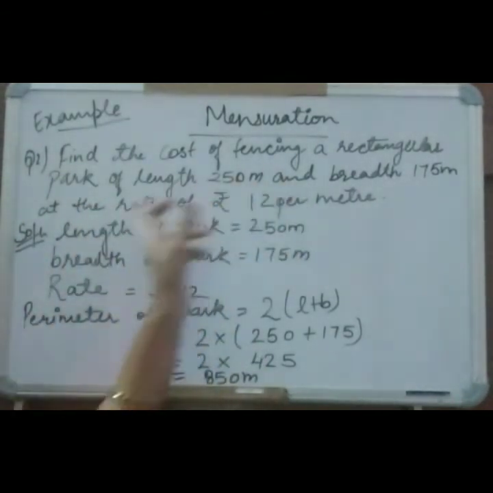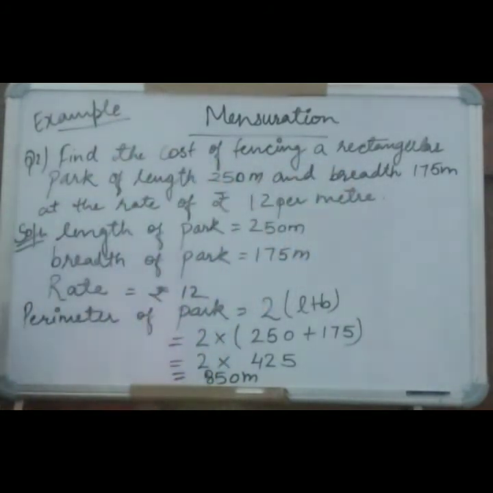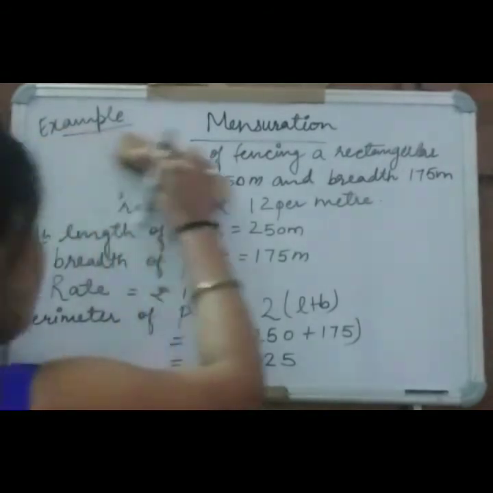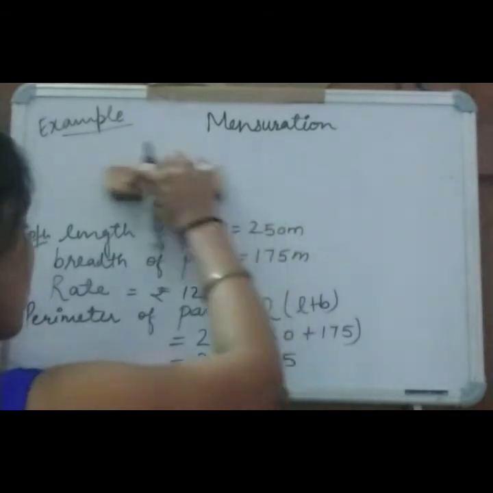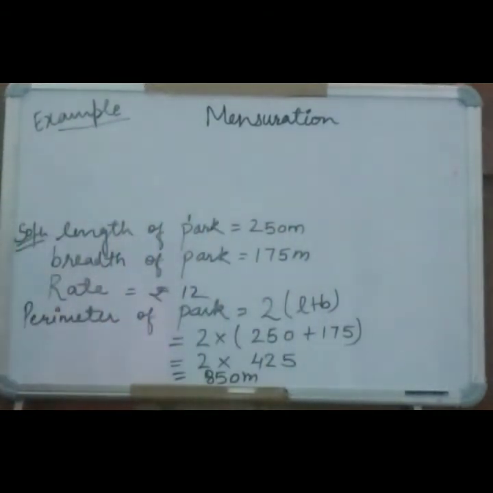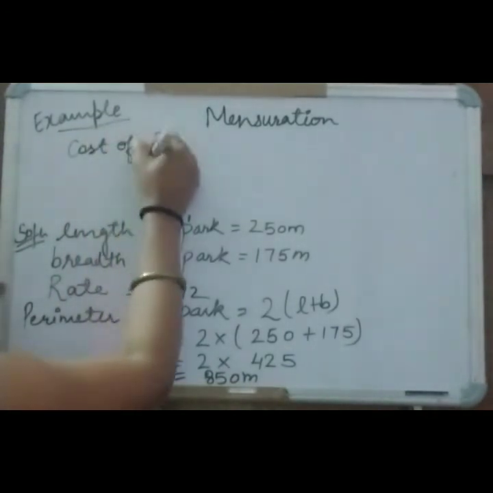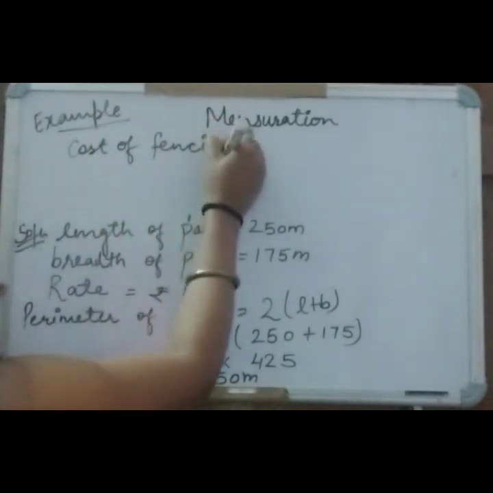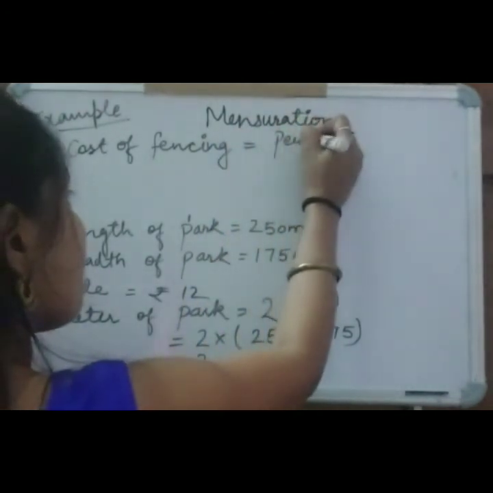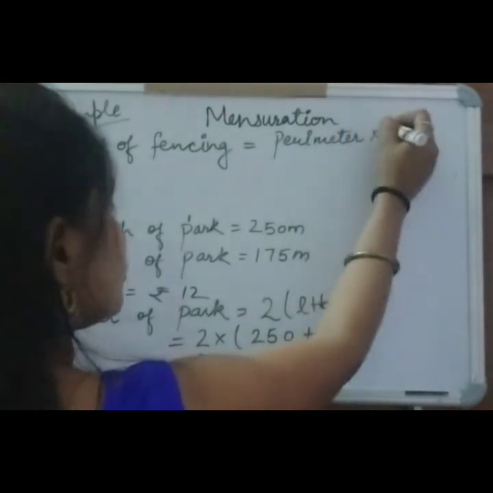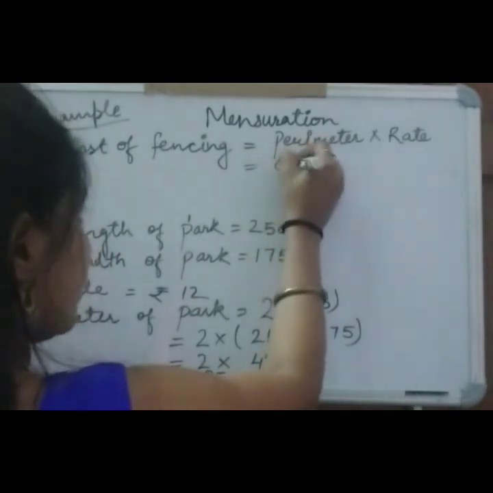Now we have to find the cost of fencing. How will we find out the cost? Perimeter into rate. So cost of fencing is equal to perimeter into rate. What is perimeter here? 850.